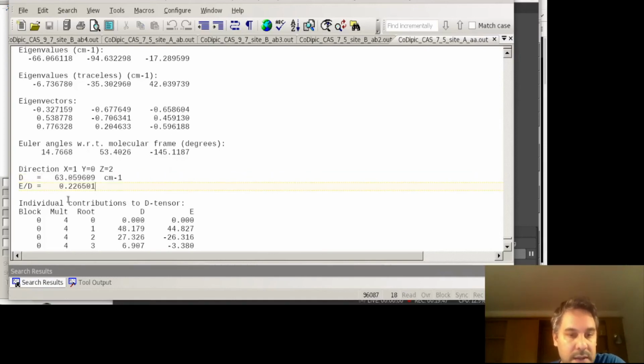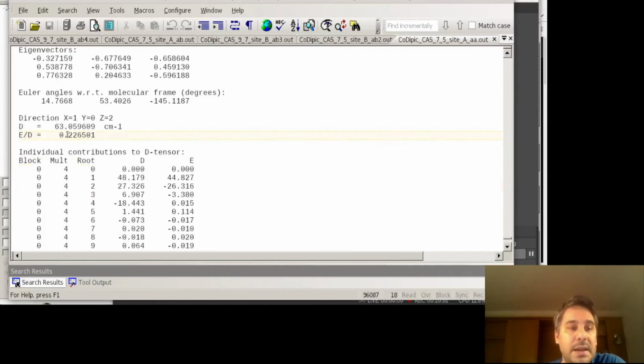I don't know yet if these values are correct. I have experiments on this complex which I'm analyzing and which will tell me better what the correct value is. But at least these numbers are reasonable for high spin cobalt. I don't know if it is correct, but it's not very extreme for octahedral high spin cobalt(II).